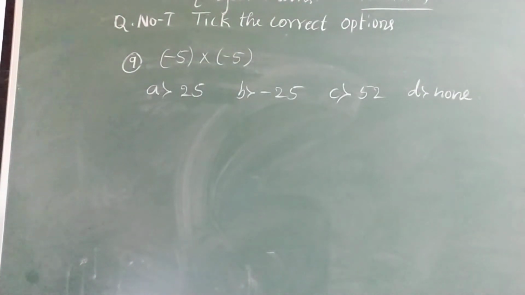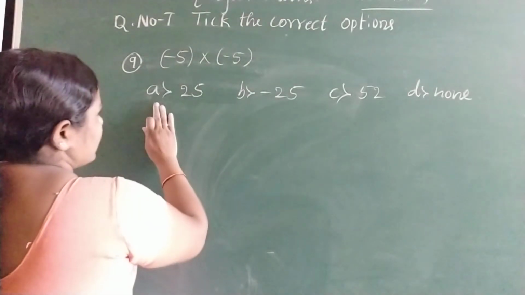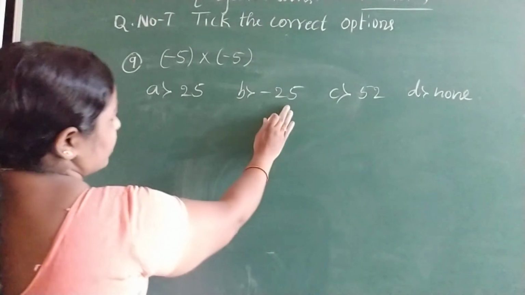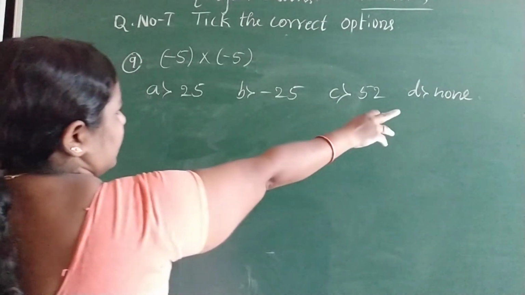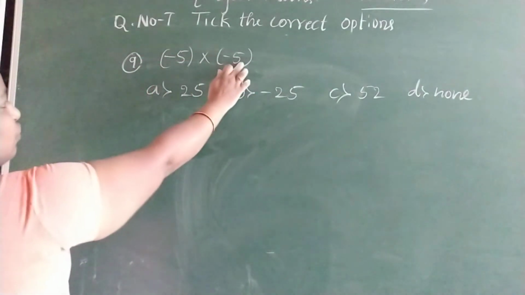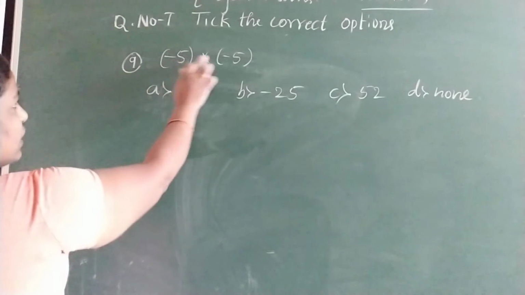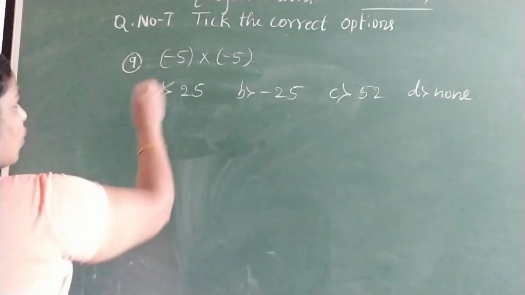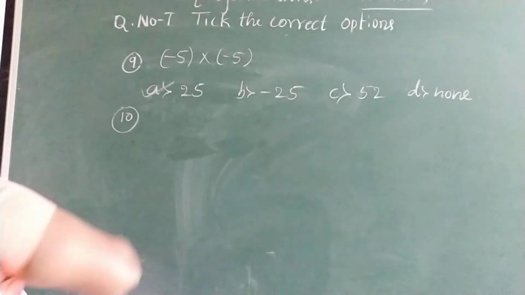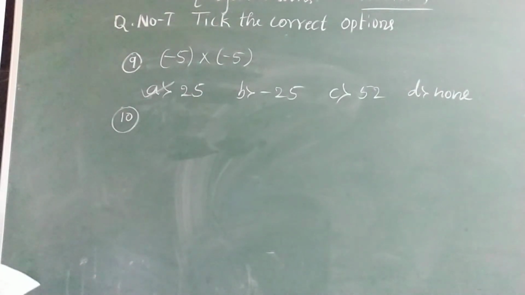Minus 5 into minus 5. Option A 25, B minus 25, C 52, D none of these. 5 into 5, 25. Minus into minus is plus. So option A is the correct one.